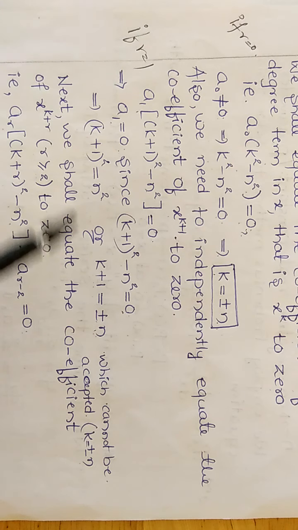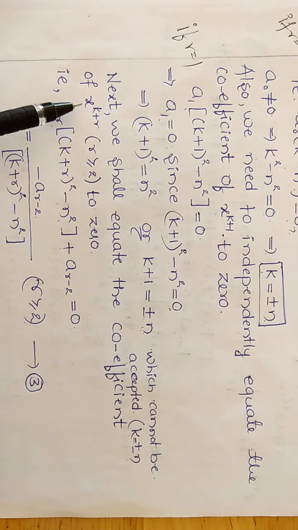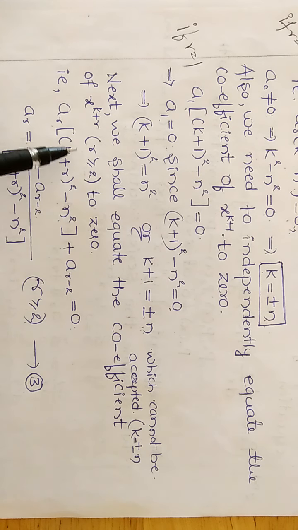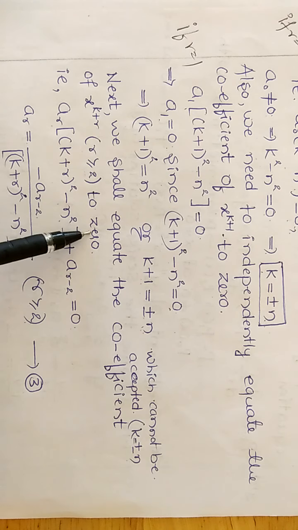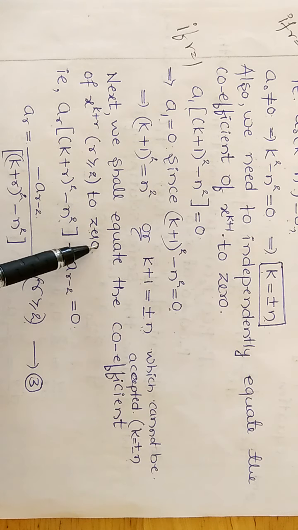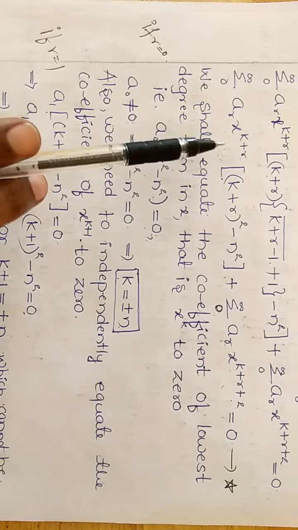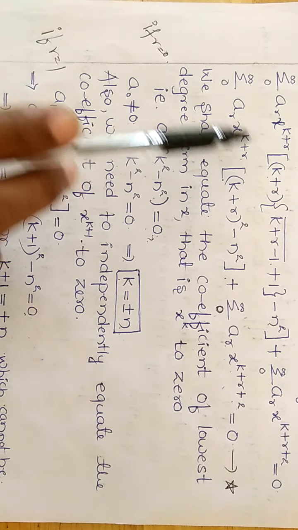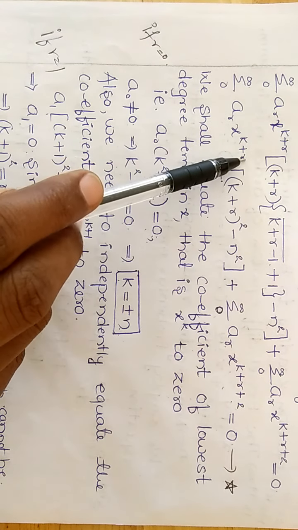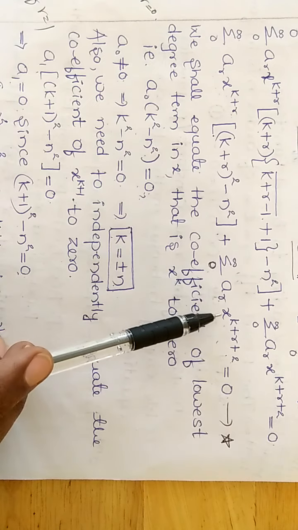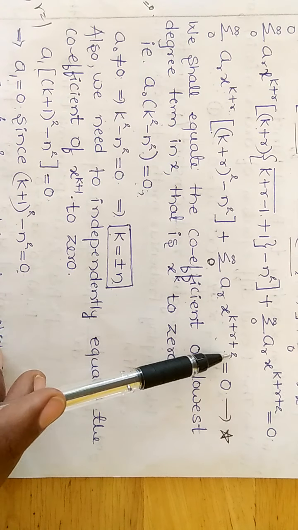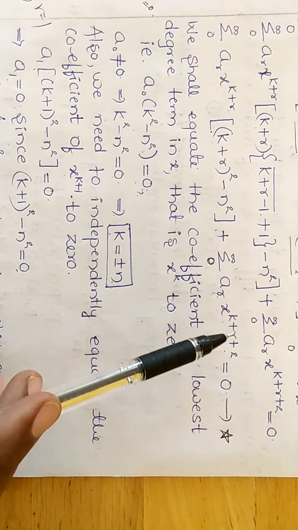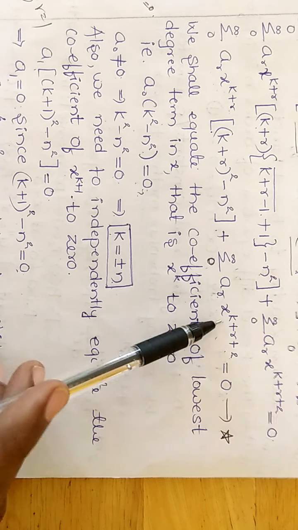Next, we shall equate the coefficient of x to the power k plus r, if r is greater than or equal to 0, to 0. In the equation star, the first term is already in terms of x to the power k plus r. In the second term, x to the power k plus r plus 2, convert k plus r plus 2 to k plus r.